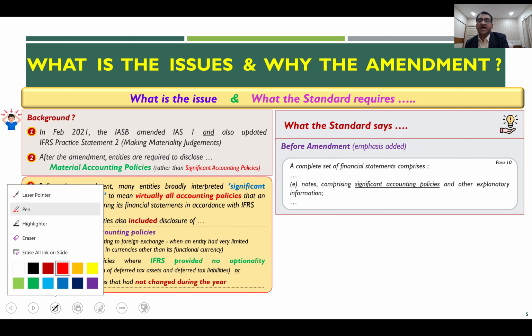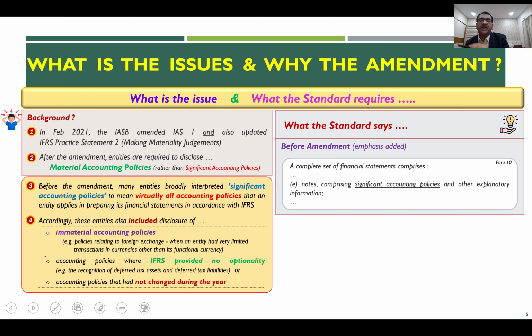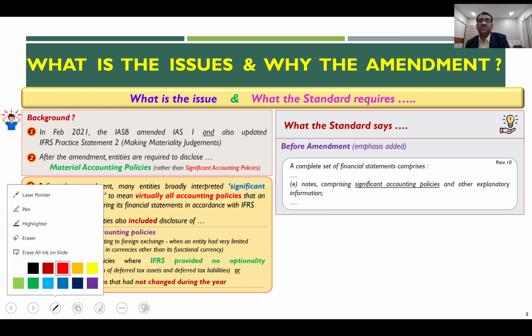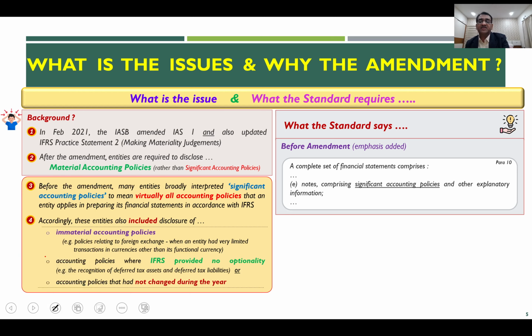Likewise, even if the accounting literature did not provide any optionality, which means there were no multiple accounting policies an entity could have chosen, the accounting policies were still being disclosed, because entities interpreted significant accounting policy to mean even those policies.